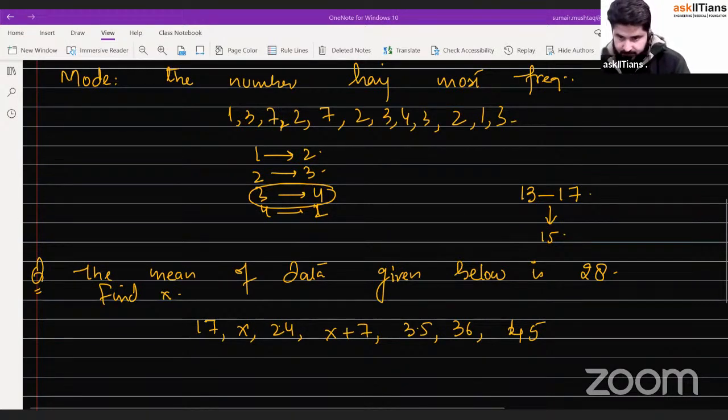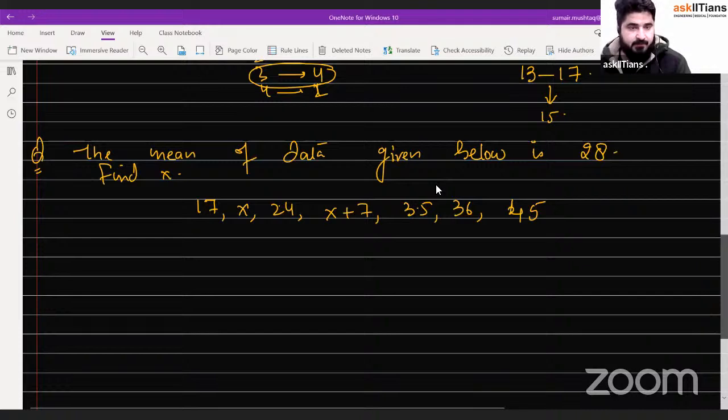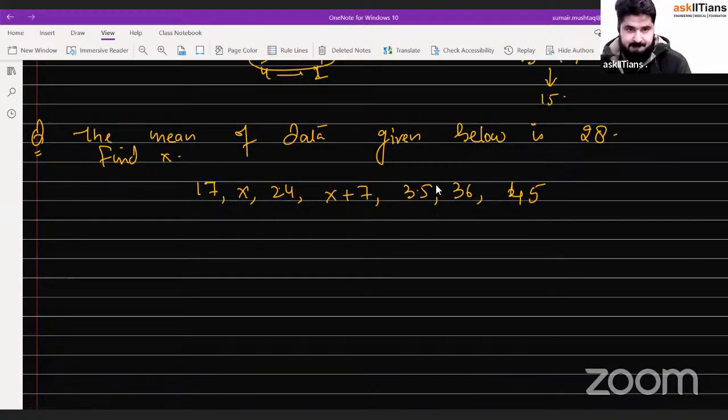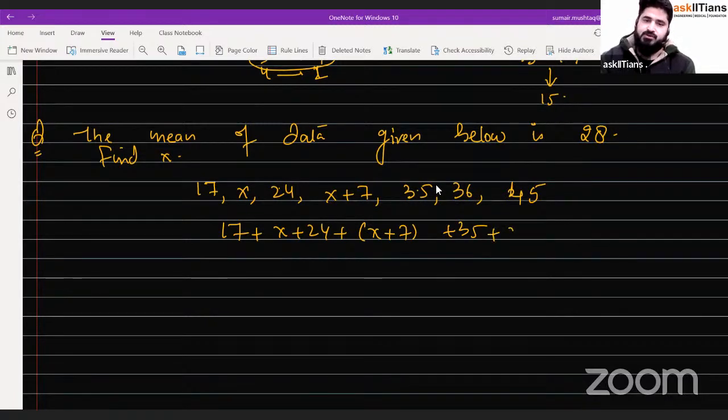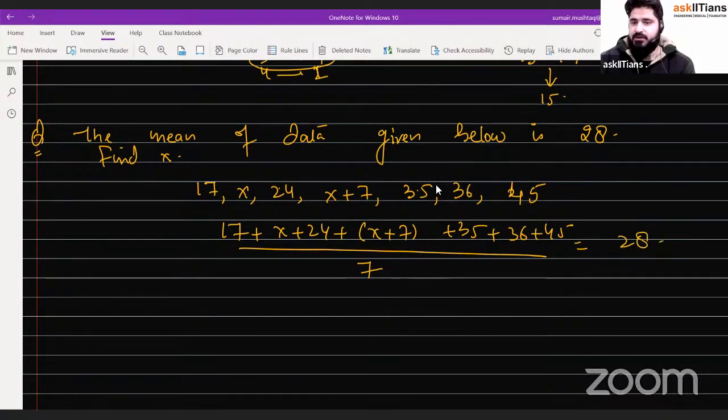See, let me explain this thing. Who will explain this to me? Can anyone? See, this is the sum of all the terms. Simple. The total number of terms is 7, and the mean is given to be 28. Just put this 7 here and get the sum.